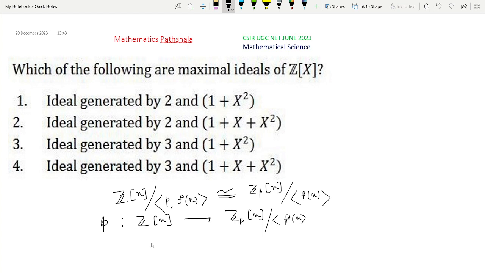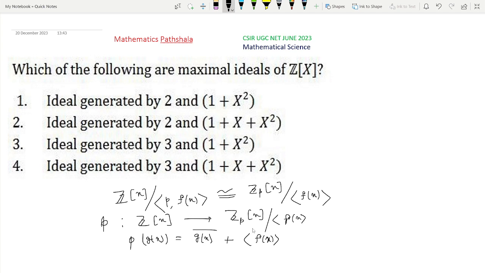So we define this map by phi of g(x). If we take g(x) a polynomial in Z[x], then phi of g(x) is defined by g(x) class modulo p plus the ideal generated by f(x).